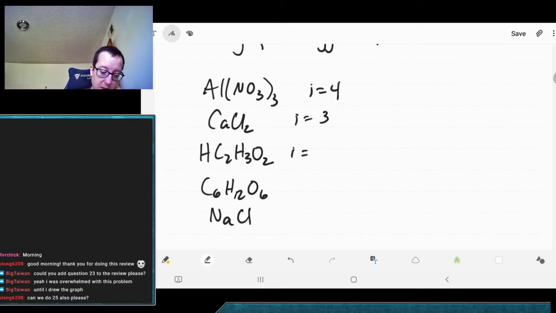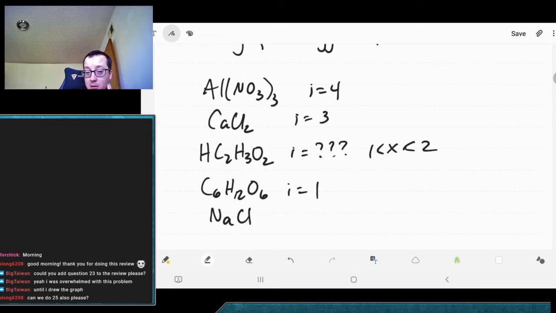For acetic acid, that's a weak acid, but it's going to be somewhere between 1 and 2. We don't quite know. Remember, with weak electrolytes, it's asking what's the strongest electrolyte, so hopefully the answer would not be a weak electrolyte. For glucose, that's an I of 1 because that's a non-electrolyte.